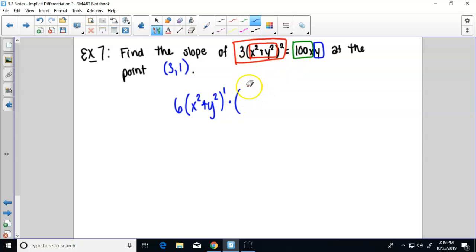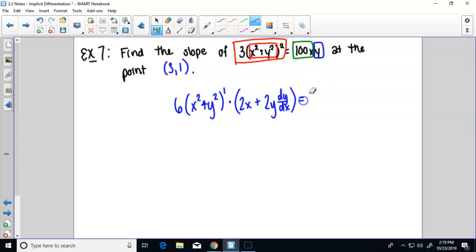The derivative of x squared is 2x, and the derivative of y squared is 2y, but we just took the derivative of something with a y, so we've got to put dy/dx there with it. Questions there?